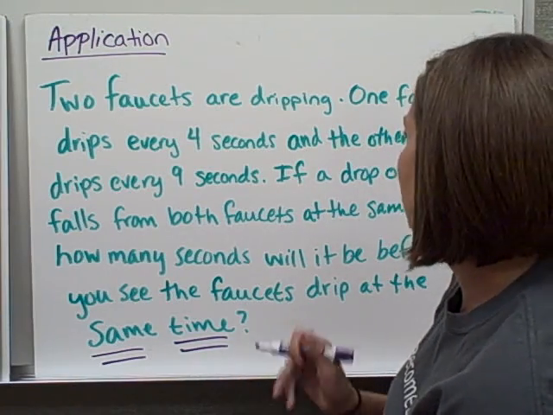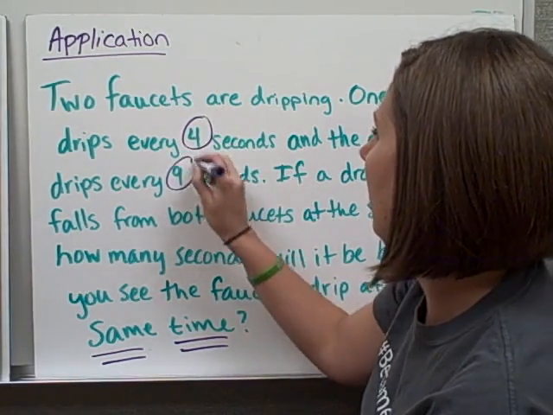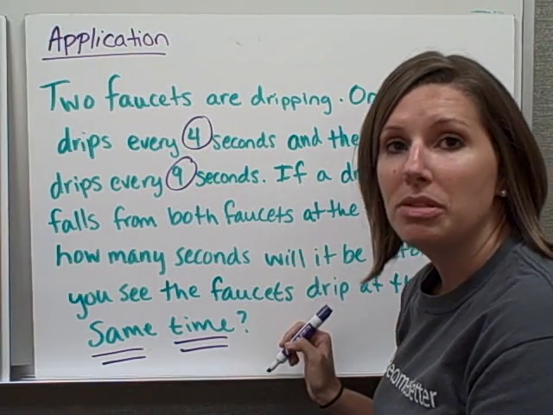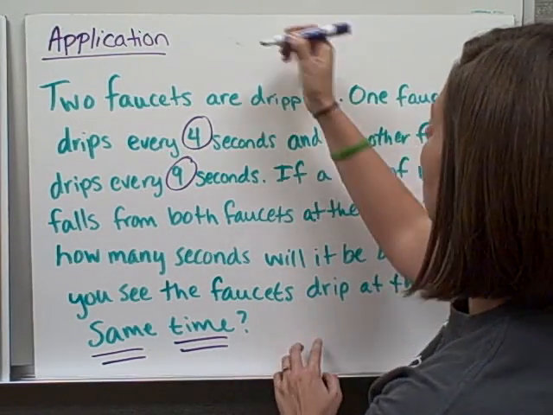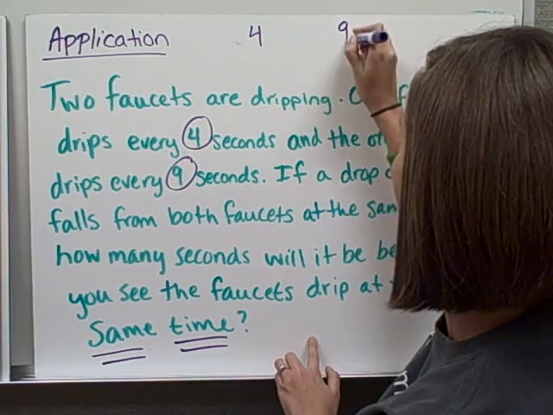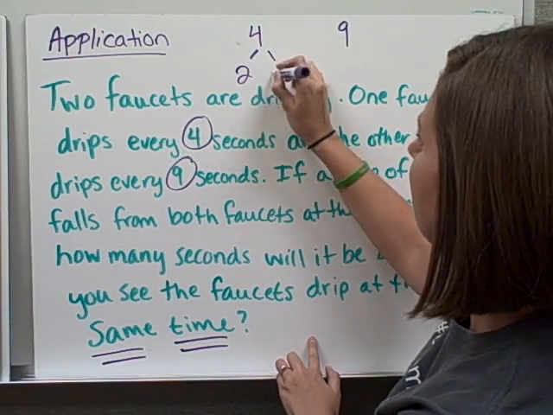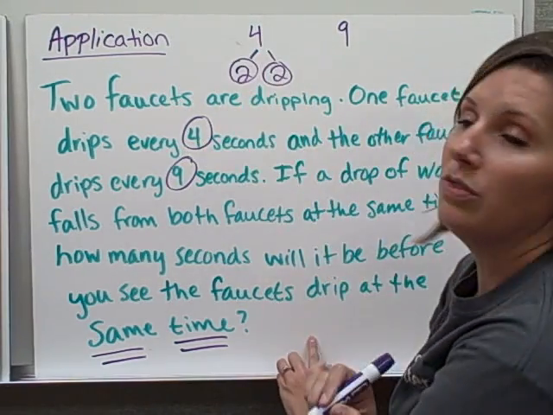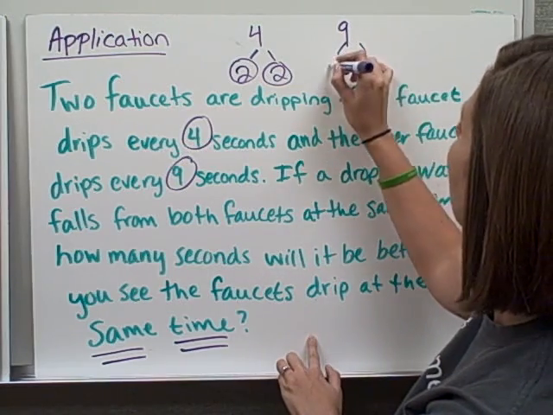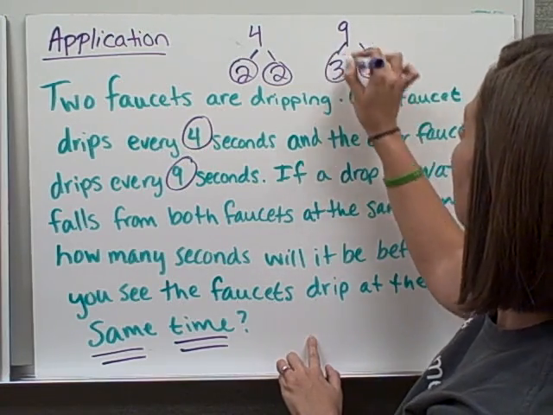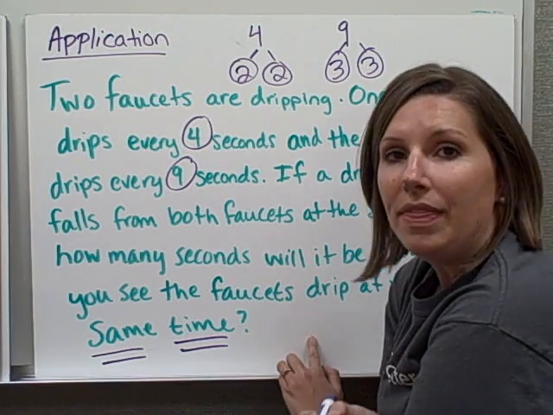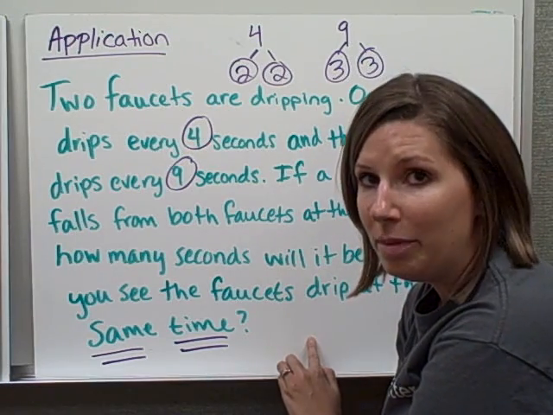Okay, so I'm taking the numbers 4 and 9. I'm going to go ahead and choose to do a factor tree. So I have the number 4 and 9. Well, I know that 2 times 2 makes 4. I know that 3 times 3 makes 9. They do not have any factors in common.